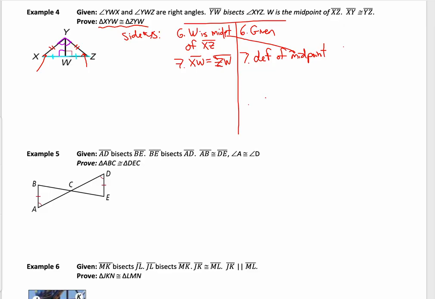So that's one pair of corresponding sides. That's one. Okay. I need 3. So step 8, what else was I given? Oh, this is nice. I'm given that XY is congruent to YZ. That's given.